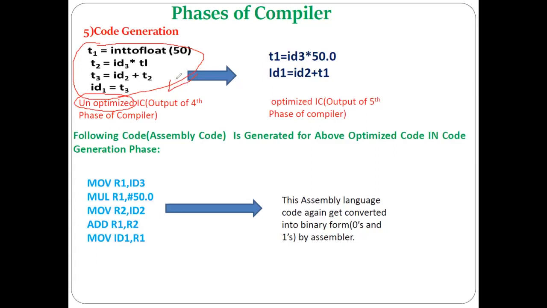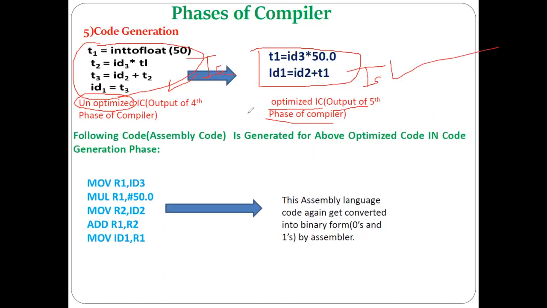Intermediate code generation. And in the fifth phase of the compiler, what will we do? We'll do the code optimization. And that is the reason you can see this is the optimized intermediate code, which is nothing but the output of the fifth phase of the compiler. Understood? So this is also intermediate code and this is also intermediate code, but this is the optimized intermediate code that is given as input to our last phase of the compiler.